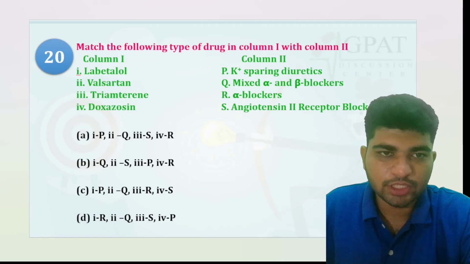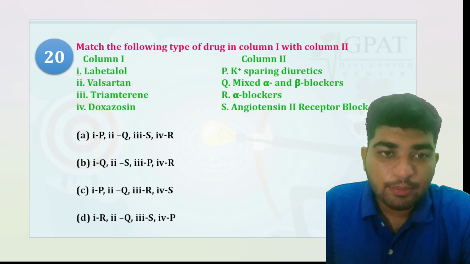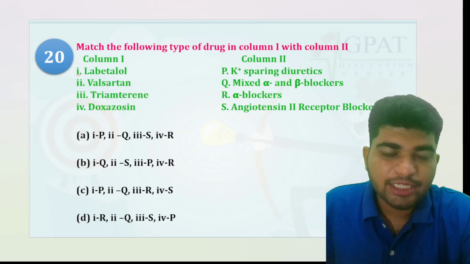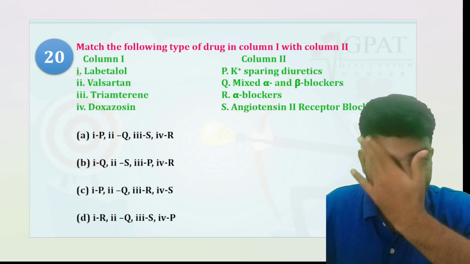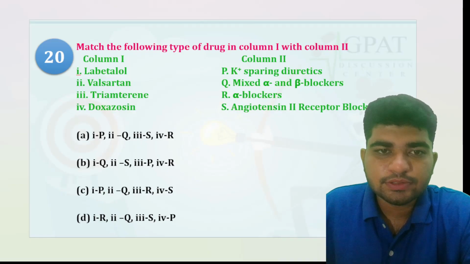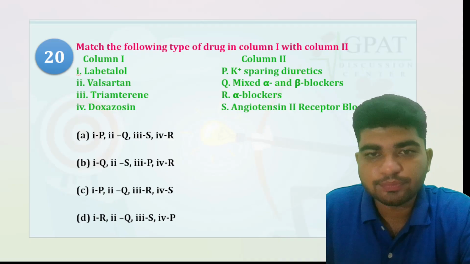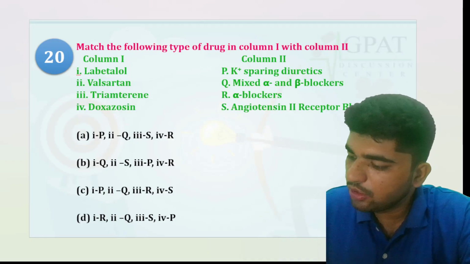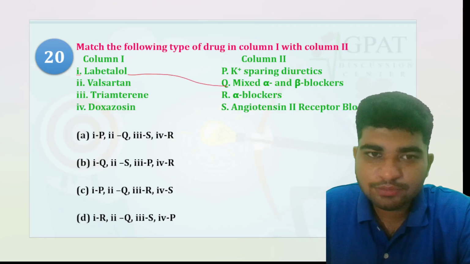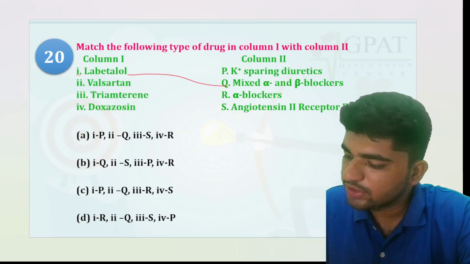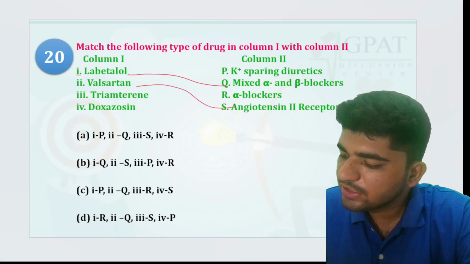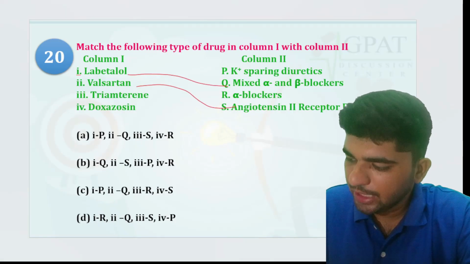Twentieth question. Labetalol, valsartan, triamterene, doxazosin, and the mechanism of action is written in the next column. Labetalol is a mixed alpha and beta blocker, correct? Valsartan is an angiotensin receptor blocker, correct?